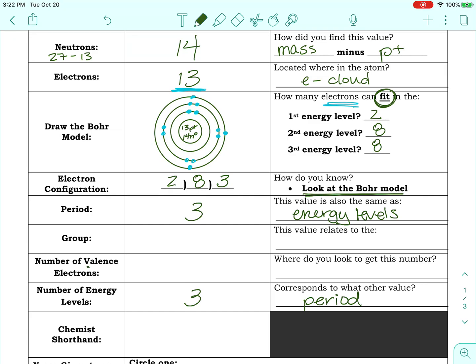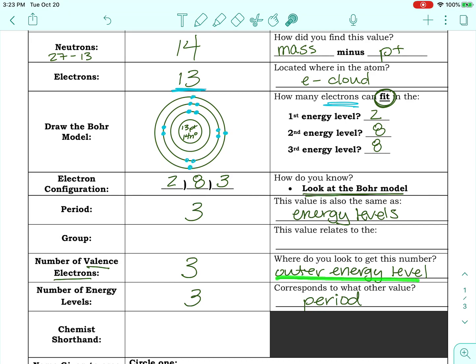Let's move up to the valence electrons. Remember, the valence electrons are the electrons in the outermost energy level. So where do you look to get this number? You look in the outer energy level, and there are 3 electrons there: 1, 2, 3.